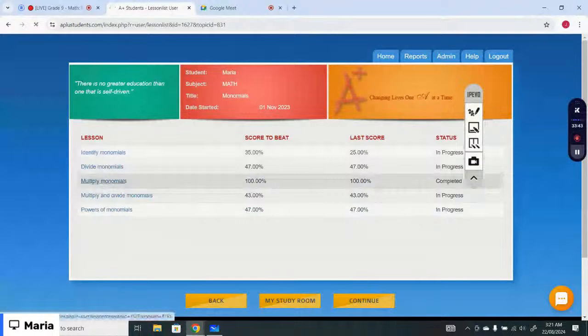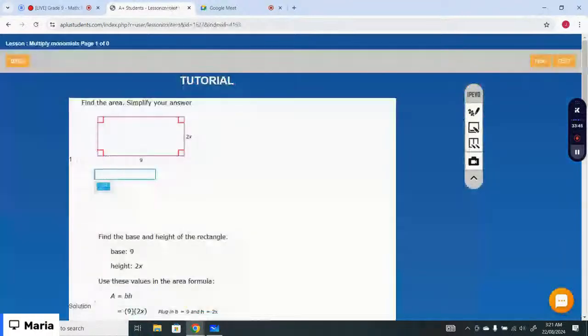The next lesson is multiply monomials. Okay, so let's just start with the first example. Find the area. Simplify your answer. You are given a rectangle, right? You have to find the area.